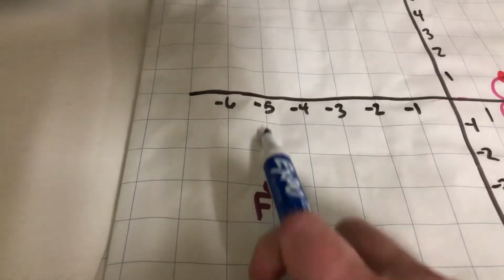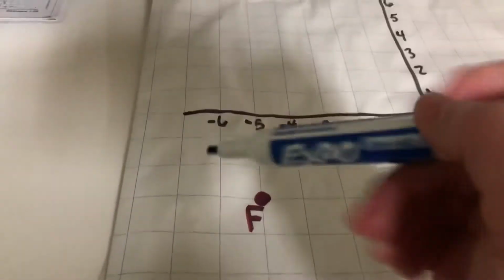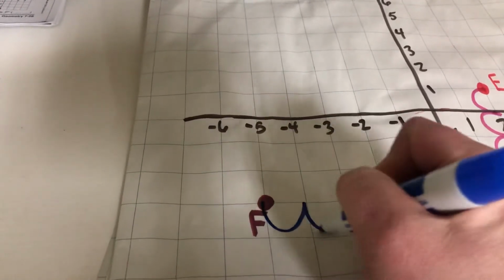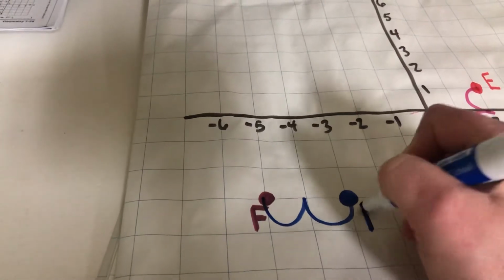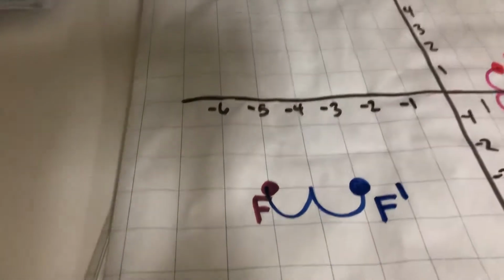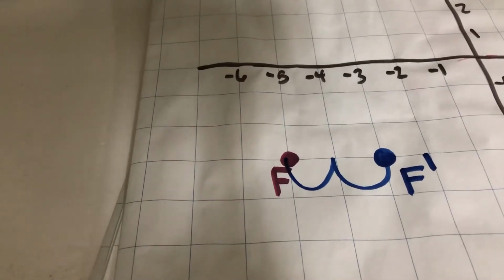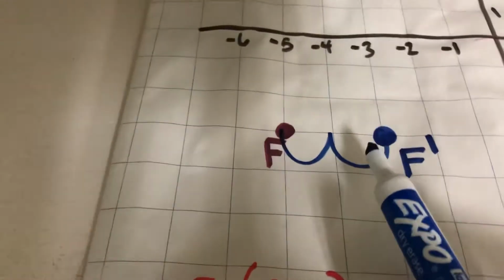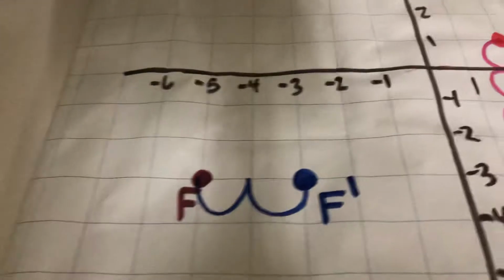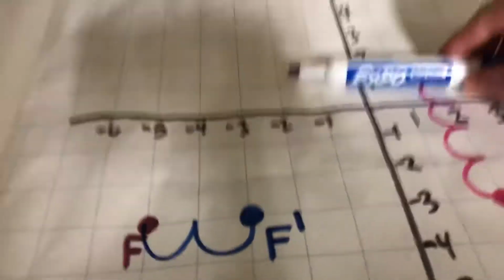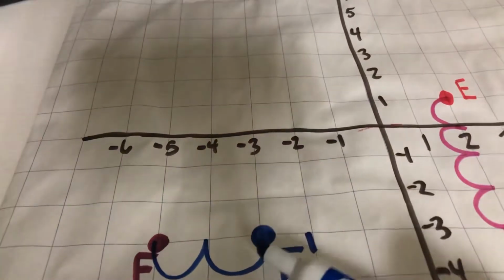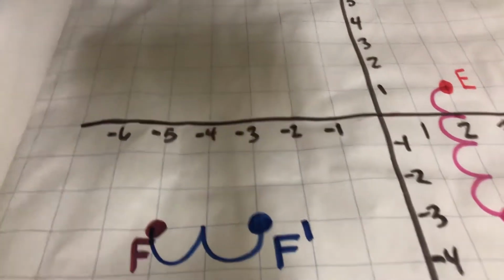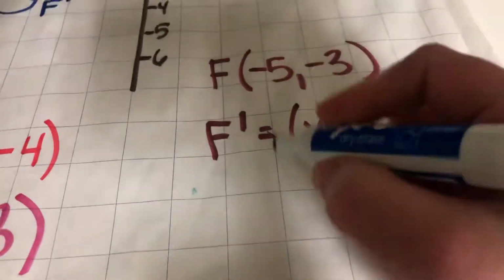So if I take -5 and I add 2, 1 swoopy, 2 swoopy, and label it my image, I have a new point. And let's take a look at it. Oh, let's take a look at our new coordinates. Our new coordinates along the floor is -3, and then down to -3. So let's write that down here.